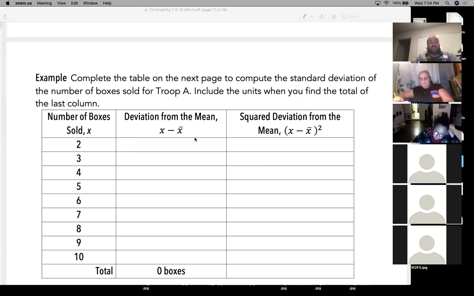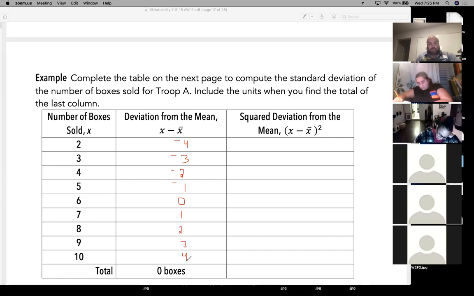Negative 4, technically. And what is 3 minus 6? Negative 3. And what's 4 minus 6? Negative 2. And what's 5 minus 6? Negative 1. And 6 minus 6? 0. And then we have 1 and 2 and 3 and 4.